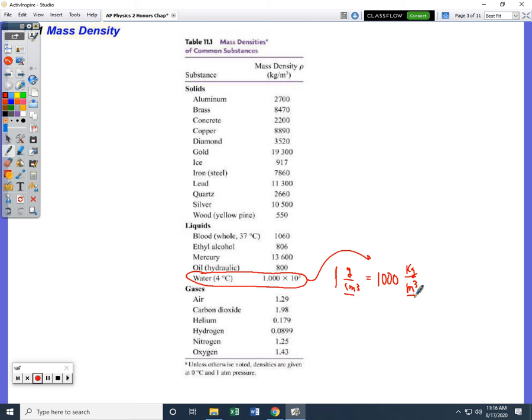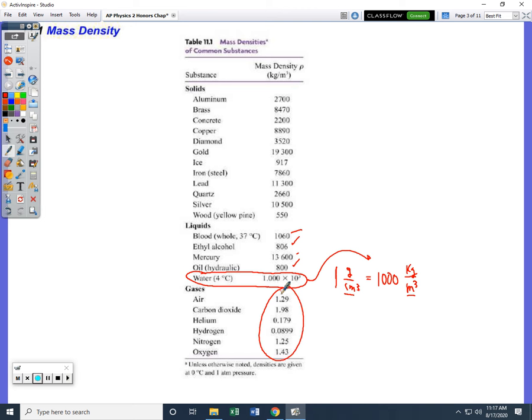Your liquids tend to be a little bit smaller, like ethyl alcohol and oil, which are less than water. That's why they float on it, whereas blood would be a little bit larger and mercury obviously quite a bit larger. In kilograms per cubic meter, your gases are quite a bit smaller.